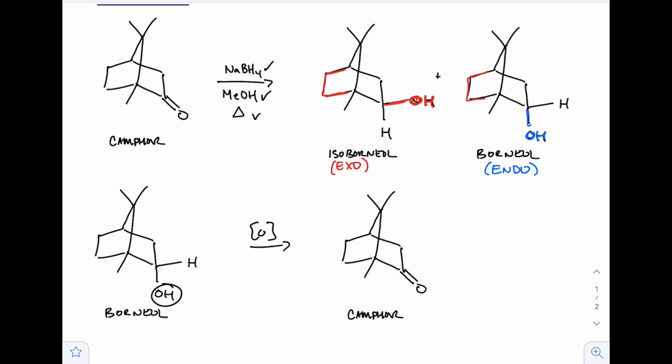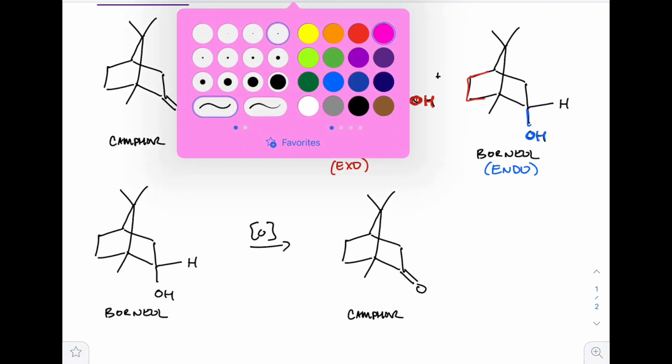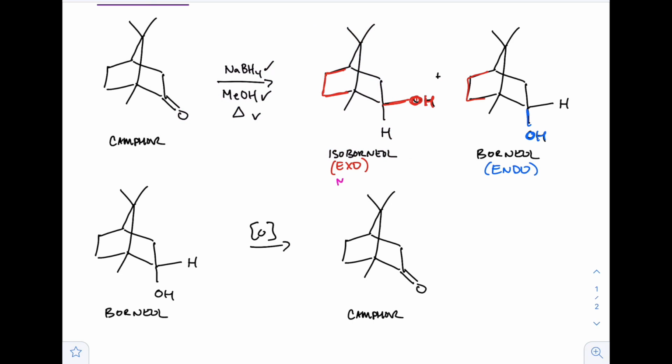Okay, and so that is also the reason why we do this synthesis process in normal times. So we take borneol, the endo, and we oxidize it to get camphor, and then we take camphor and reduce it with sodium borohydride, and what we end up getting is the majority isoborneol, the major product.